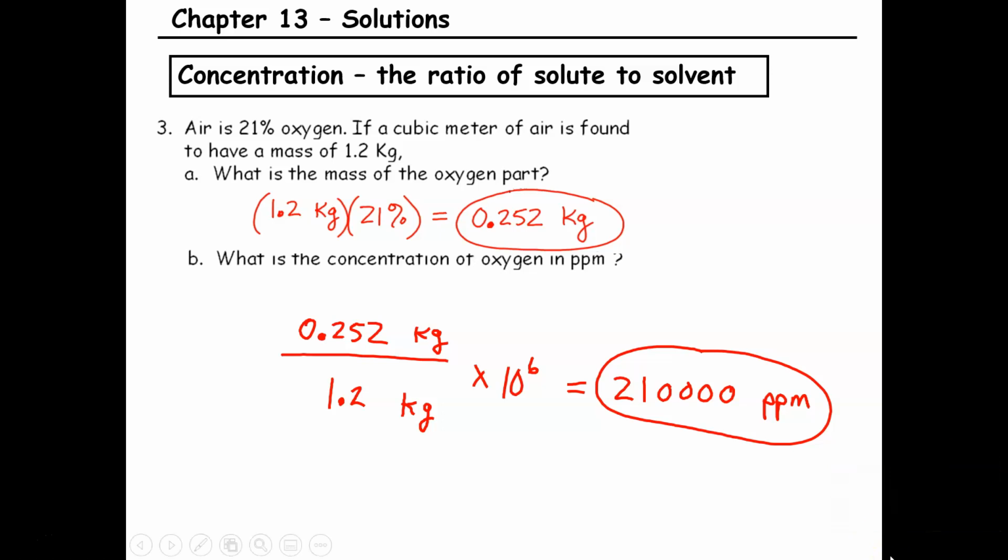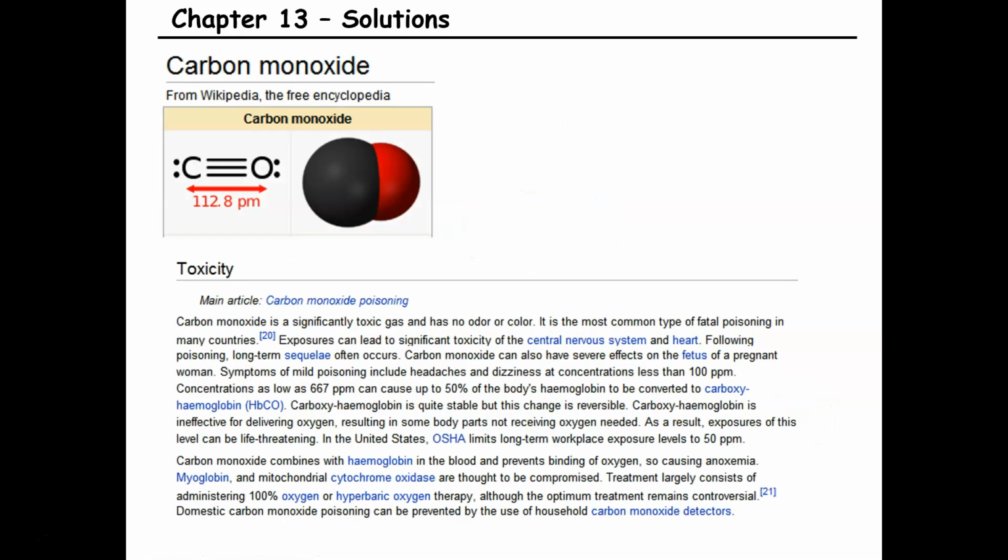All right, what kind of things do we measure in parts per million? Carbon monoxide, which is a poisonous gas, is something that we'll often measure in parts per million. You can read that little paragraph there, but basically they're telling us that concentrations as much as 667 parts per million could be toxic to the human body, and anything above that would be kind of dangerous.